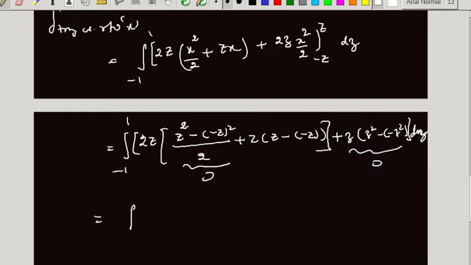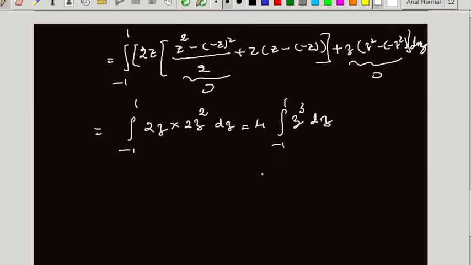We get integration from minus 1 to 1, 2 times z into 2 times z. So here we are getting 2z into dz. It is nothing but 4 times integration from minus 1 to 1 of z power 3 into dz.